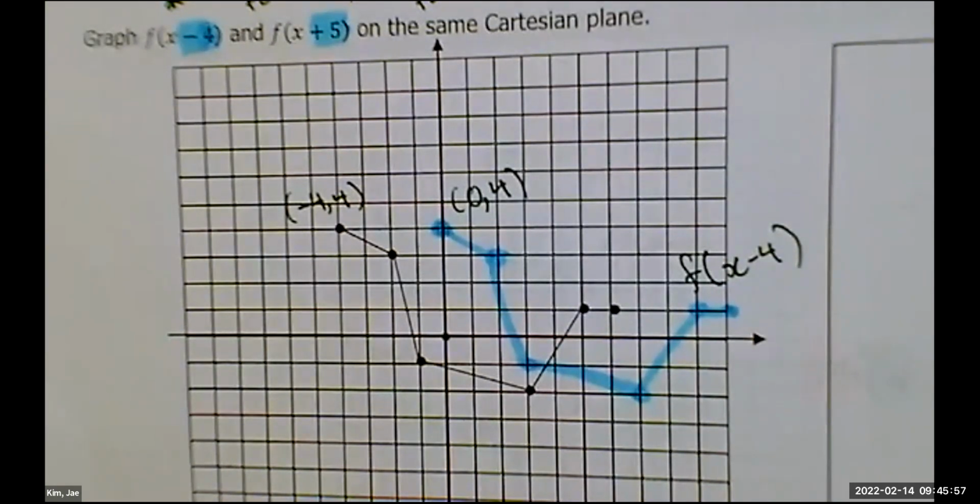Let's try it. So we tried moving to the right. So we talk about up and down. This one is left.